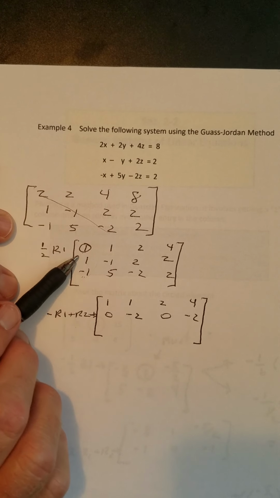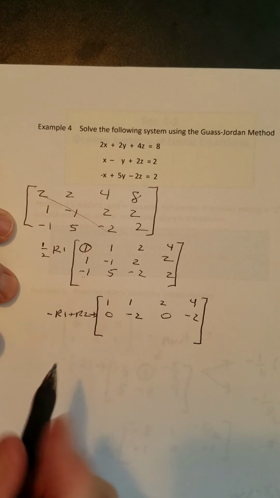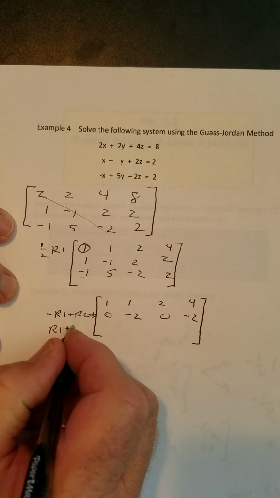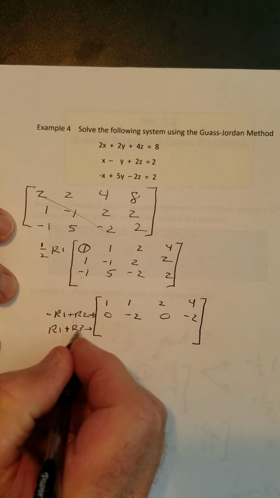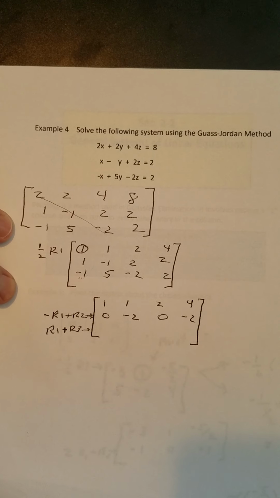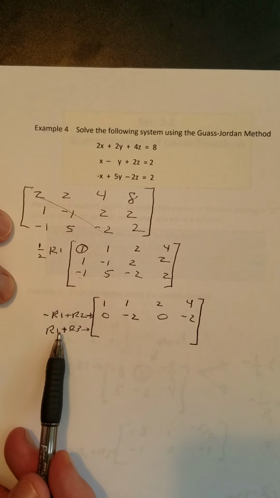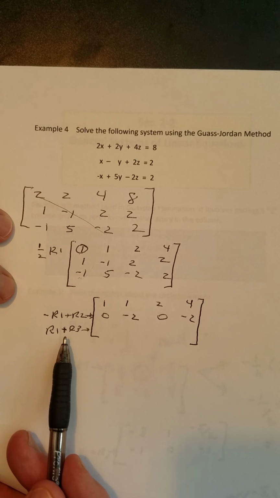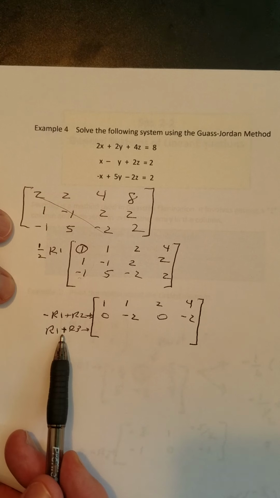For the bottom row, I'm going to take row 1 plus row 3 to make those drop out. By the way, you'll never see a subtraction here. If you ever put a subtraction there, I'll stop grading right there and you don't go any farther. Never ever put a minus over it.